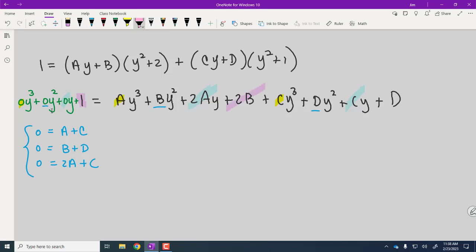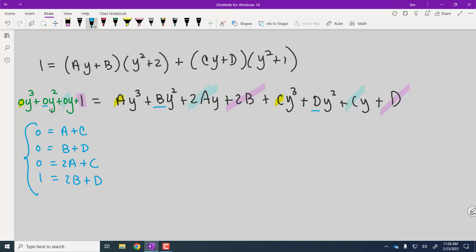Coming across here, there's a constant, and there's a constant. So 1 equals 2b plus d. All right, so there is our system to solve.